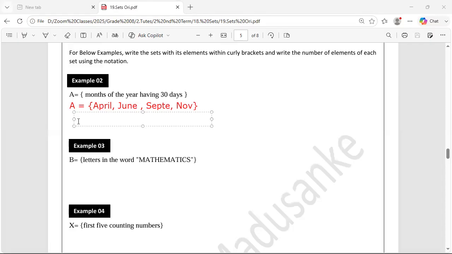So the number of elements in set A is equal to what? Count the elements. How many elements are there in set A? Yes, 4. n(A) equals 4. The number of elements in set A is 4.